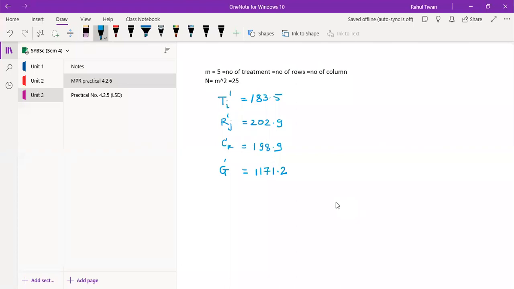Yes, sir, G dash, right. Same answer. So you can get the value of x. So x is nothing but m times T_i dash plus R_j dash plus C_k dash, minus 2 times the grand total, divided by m square minus 3m plus 2.